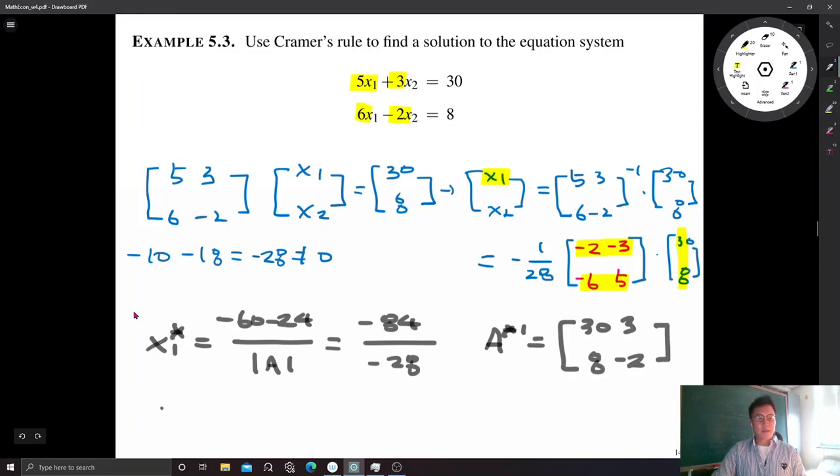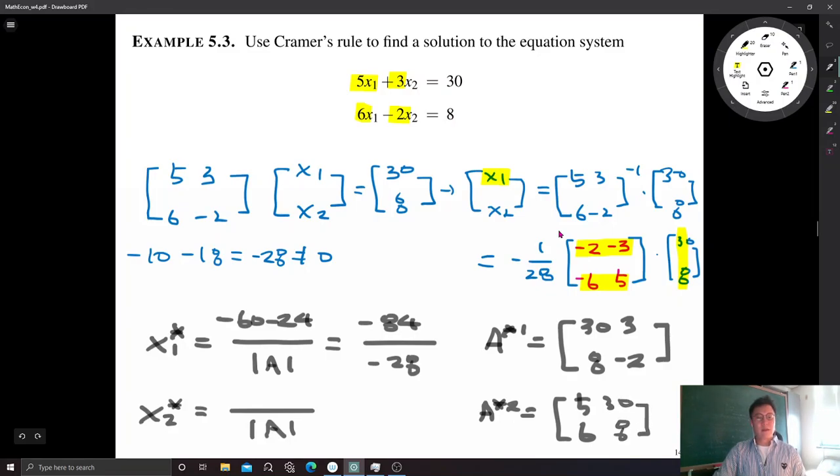For the second solution, we still have the determinant of matrix A on the bottom. Now we need to construct A star 2. The first column is the same as matrix A. For the second column, instead of 3 and negative 2, we put in the parameter matrix entries 3 and 8.